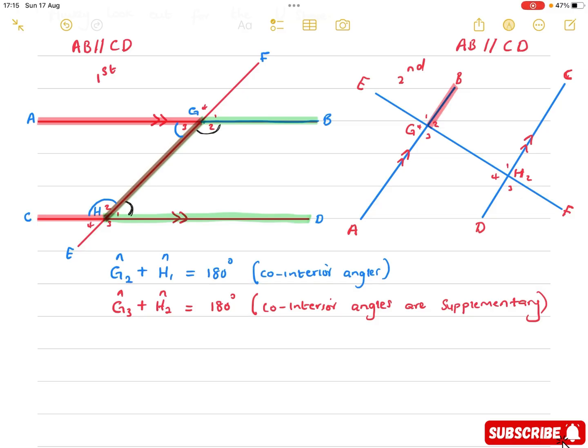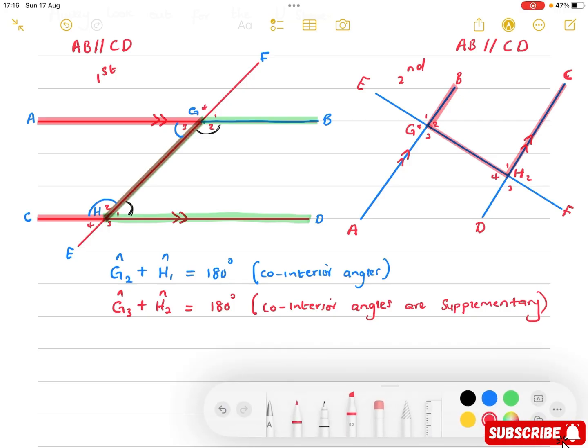It's a parallel line, and go to the transversal, and now go to another parallel line. The line that joins two parallel lines, we call a transversal.